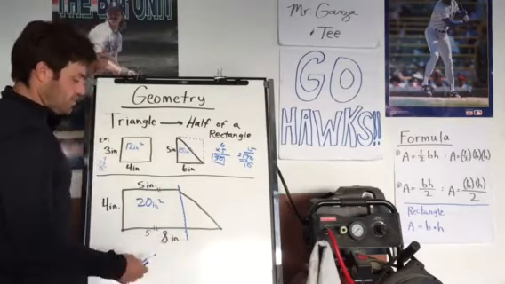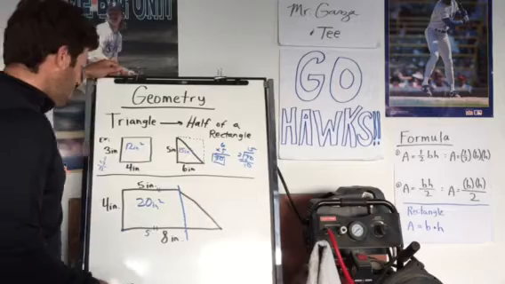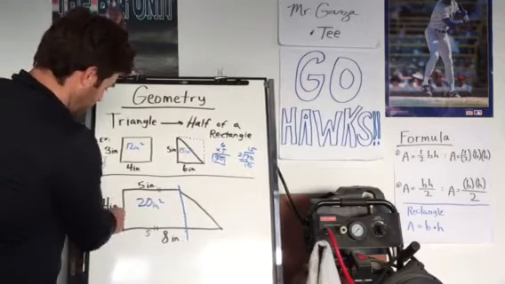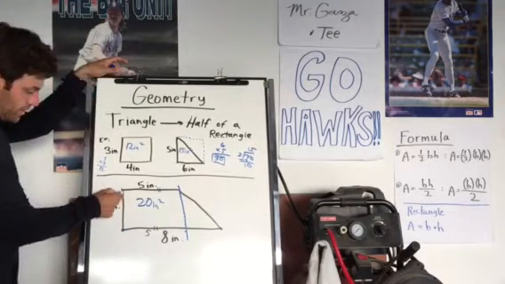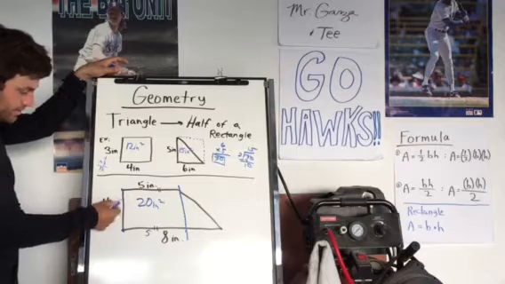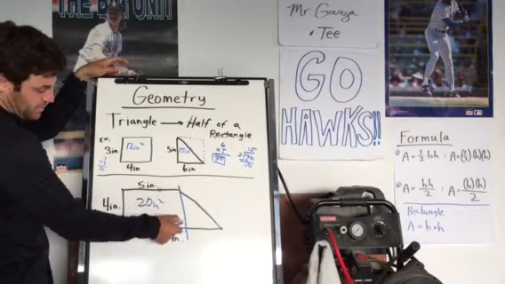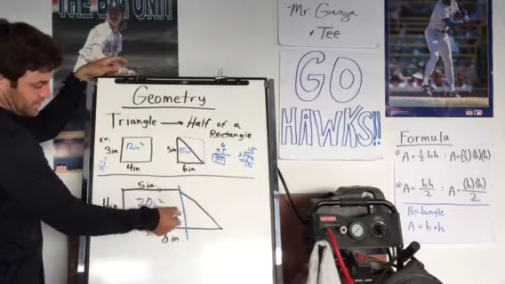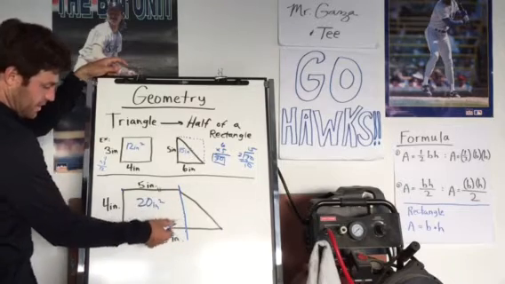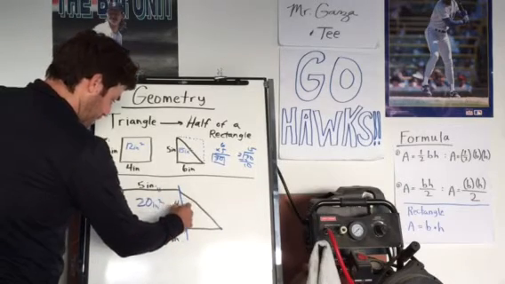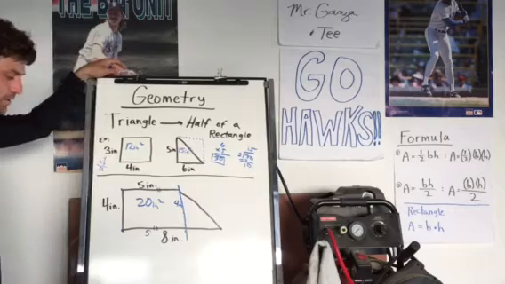Now we look at our triangle here that has no length. Well, 4 is the height on the rectangle from here to here. We know the height has to be the same over here. So now I have my height on this side, which is 4.